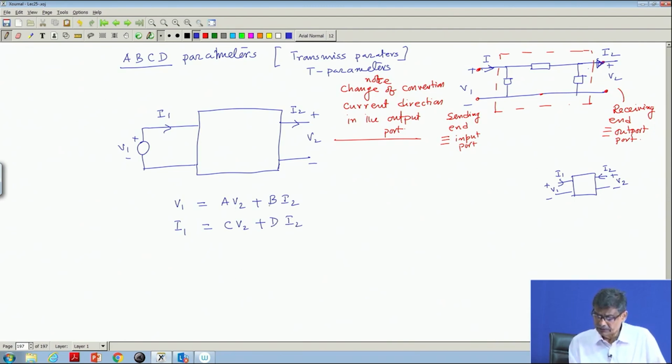Here I will write all positive, and A, B, C, D parameters are defined.